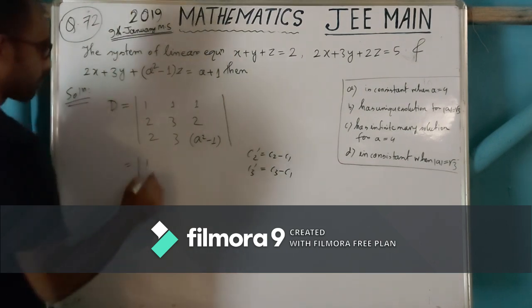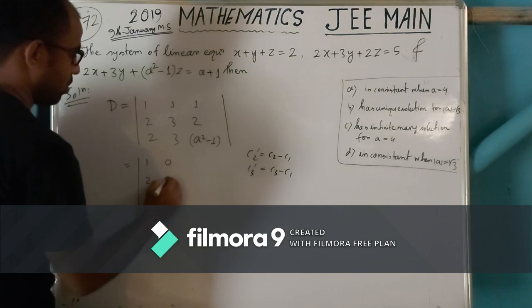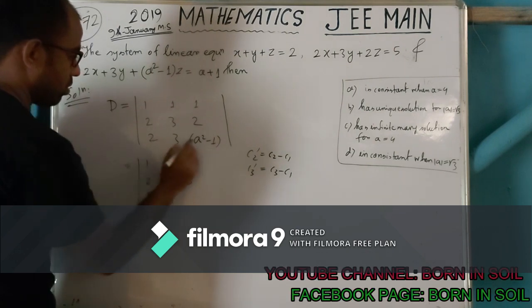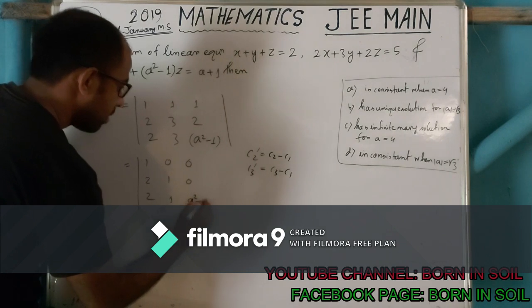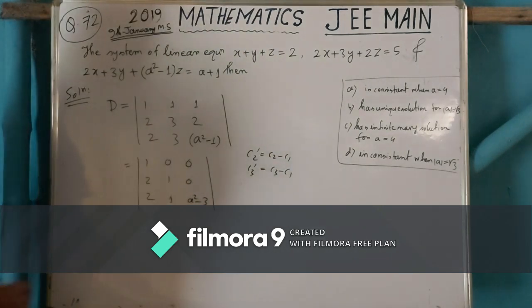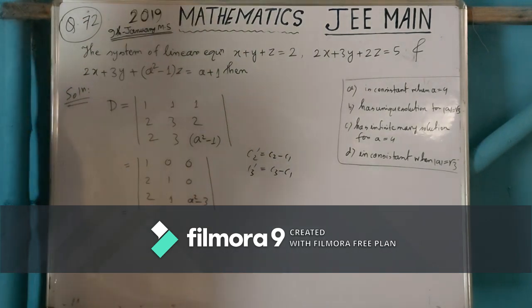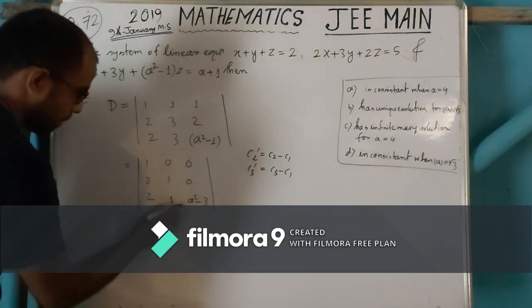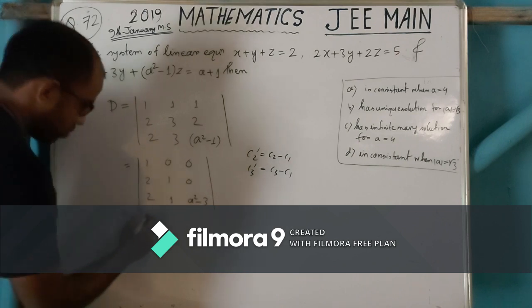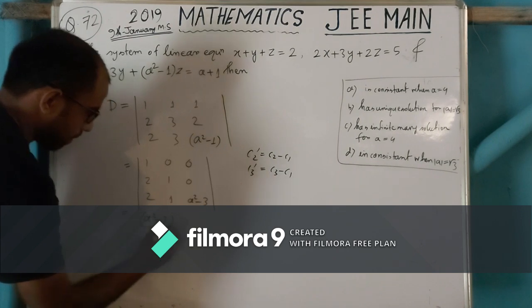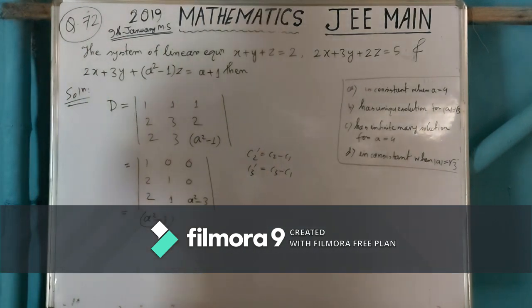Next we get 0, 1, 1, 0, 0, and a squared minus 1 minus 2, that will be a squared minus 3. Now we expand. We get the product of the diagonal, which is a squared minus 3. This is the value of the determinant.